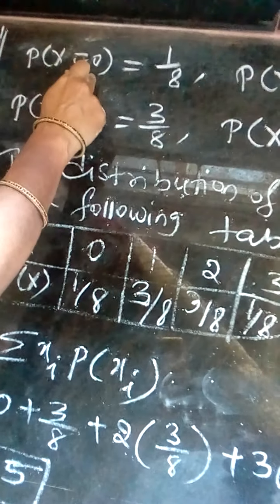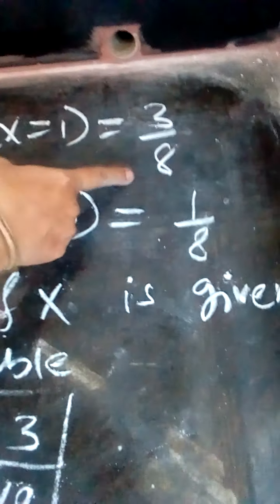Now probability of x equal to 0 means only one possible outcome, that is TTT, so it is 1 by 8. Probability of x equal to 1 means getting only one head. There are 3 such outcomes, so its value is 3 by 8.